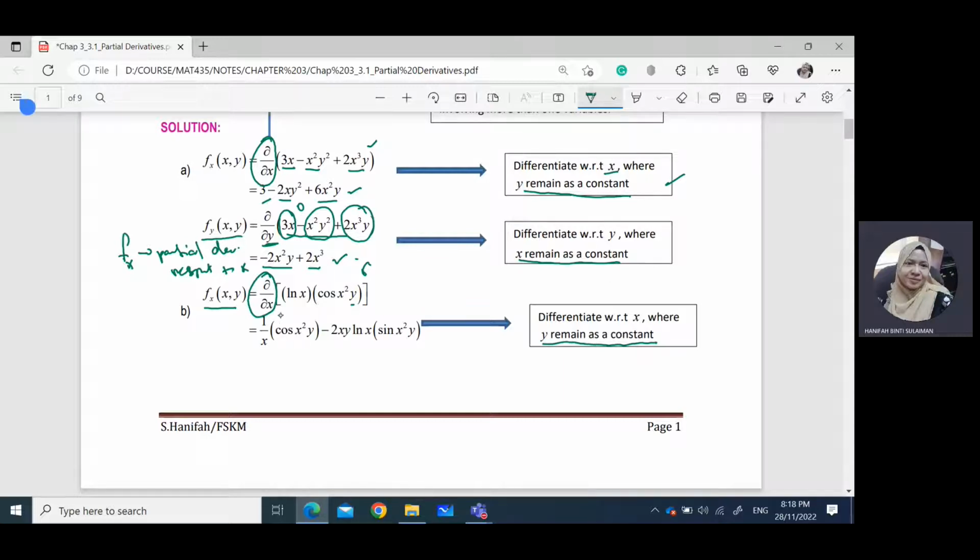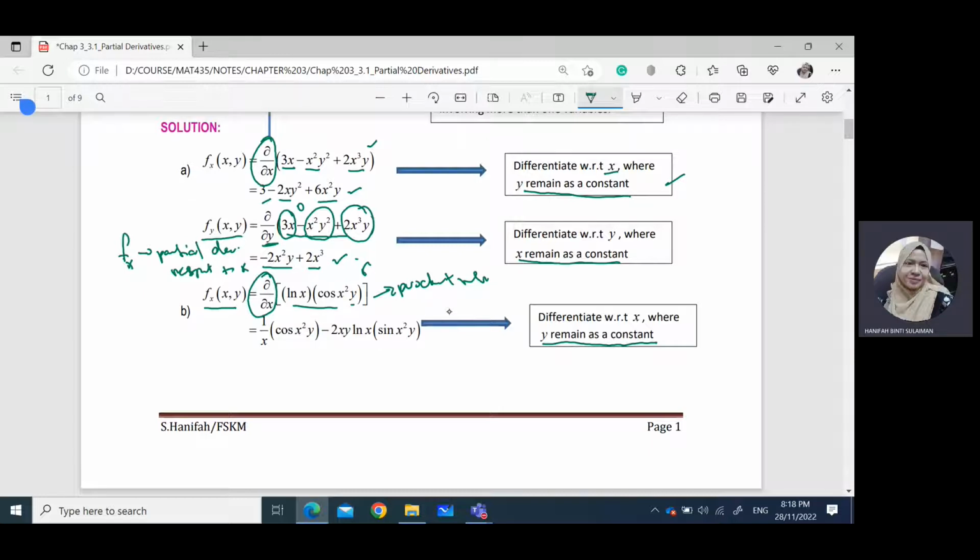So we differentiate with respect to x in the first step. Based on this, we identify that this is a product of two different functions, natural log multiplied by cosine of x squared y, and both contain x. Okay, so both have x. So we use the product rule.